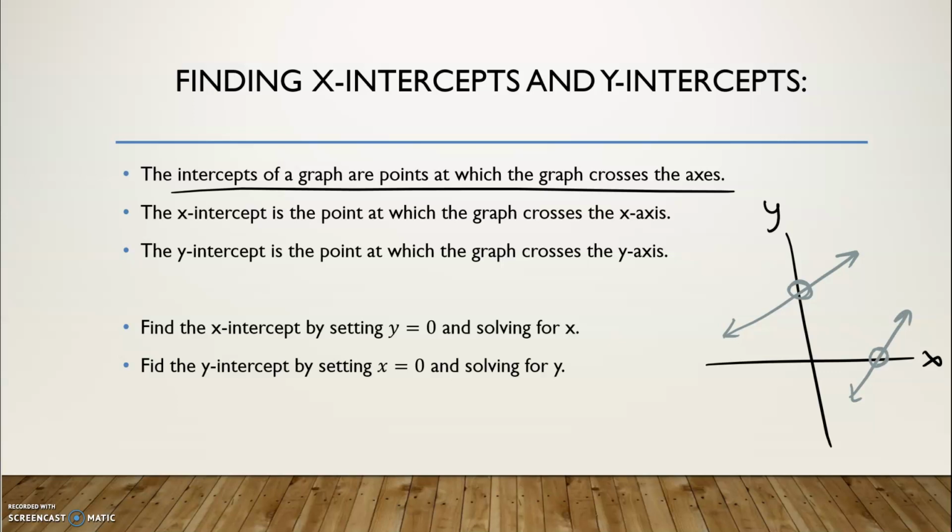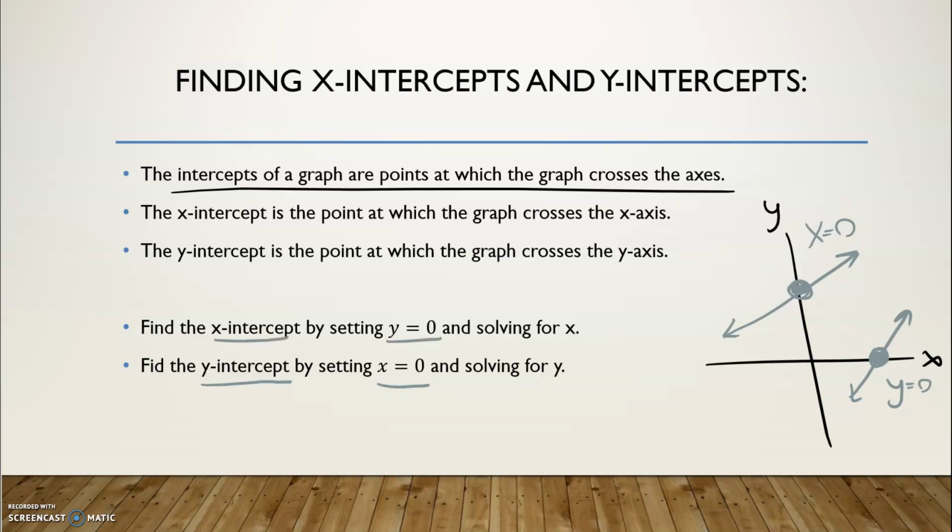Okay, well, at this point right here, on the y-intercept, we know that x is equal to 0. So right there, if I have a y-intercept, then x is going to be 0. Right here at this point, on my x-axis, we know that y is equal to 0.